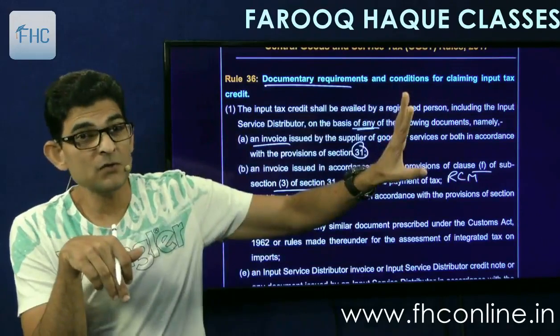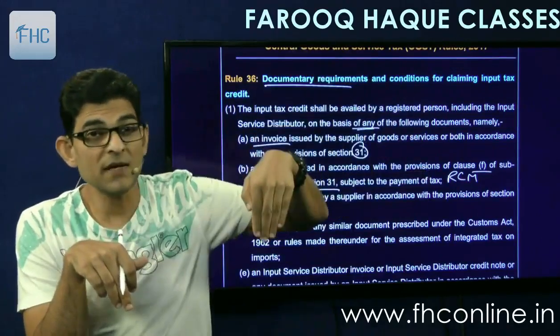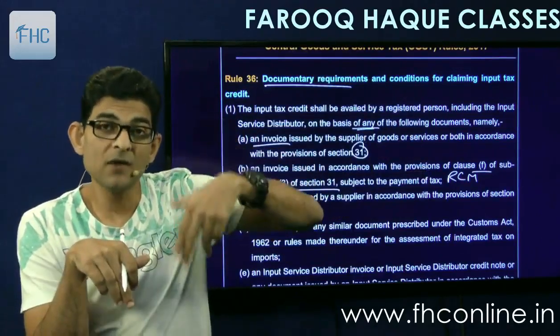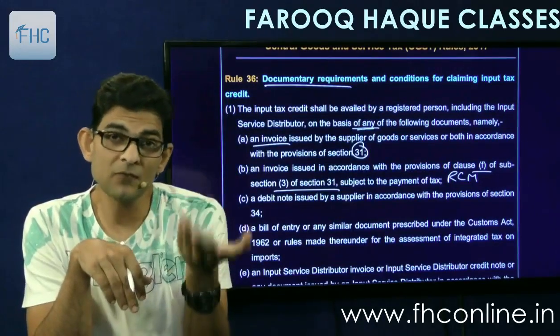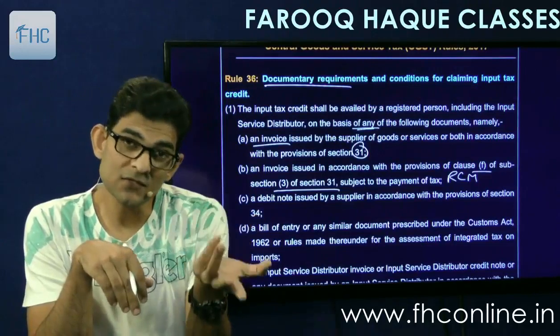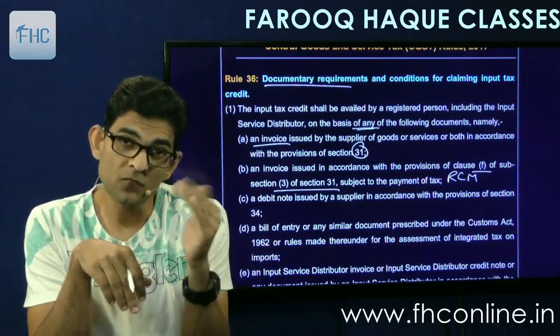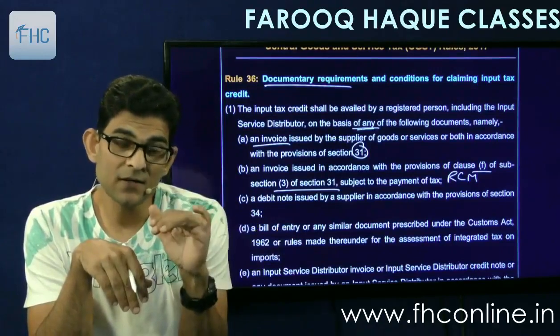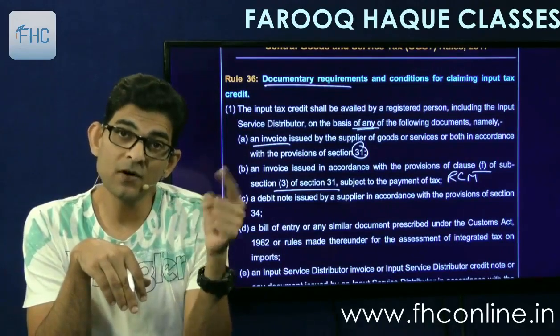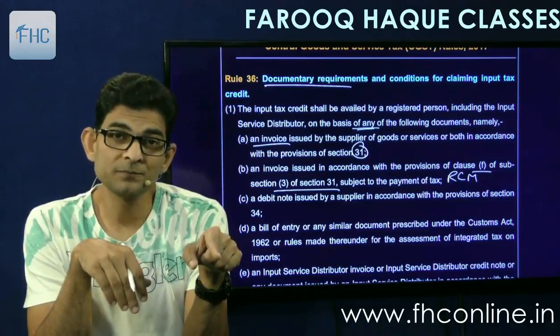Means the supplier is not a registered dealer, so he cannot give me a tax invoice. So then I have to myself make a tax invoice. The recipient will have to make a tax invoice, and that tax invoice will then become the base of availing the credit. So first we'll pay tax and then we'll take credit. On whose document? Our own invoice.